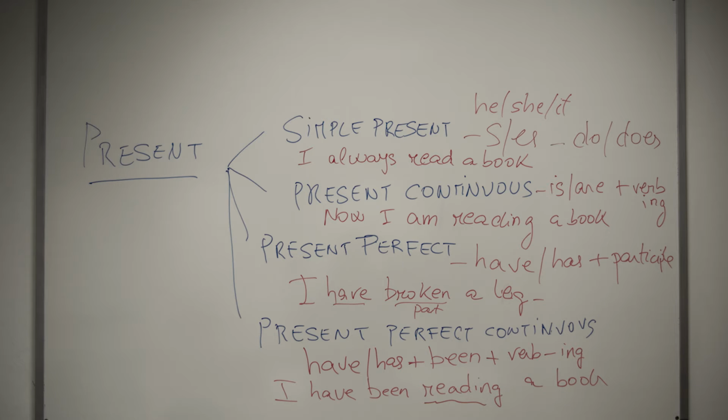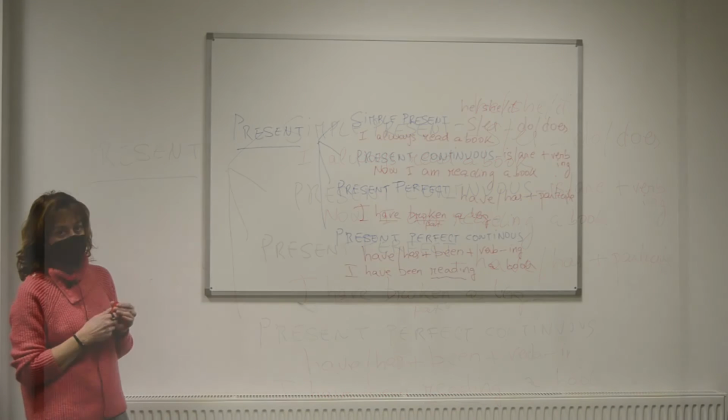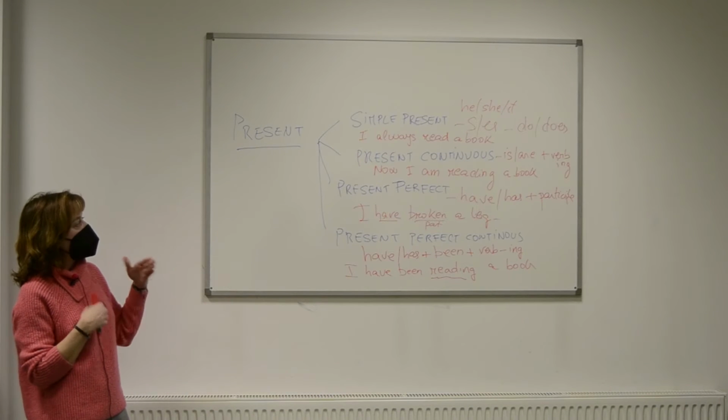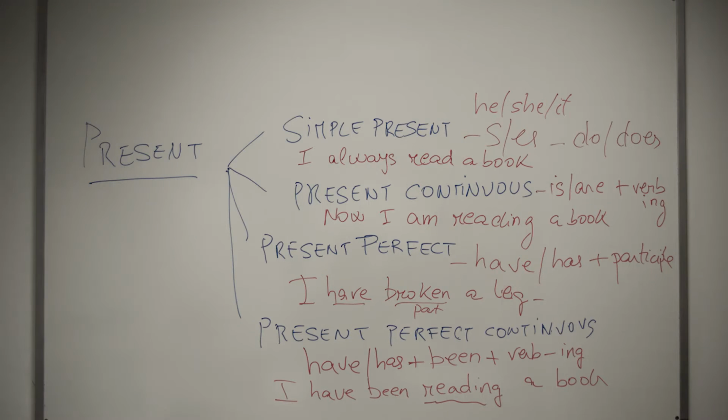The last one is a mixture of both present continuous and present perfect. All of them refer to actions that are happening in the present moment. Okay? I think it should be quite clear because at this level, these expressions are commonly used.